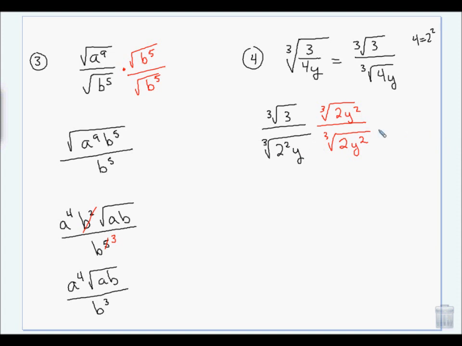Which would give me the cube root of 6y squared over the cube root of 2 to the 3rd y to the 3rd. This is not going to have any sets of 3 that come out of there. And then the cube root of 2 to the 3rd is just 2y.